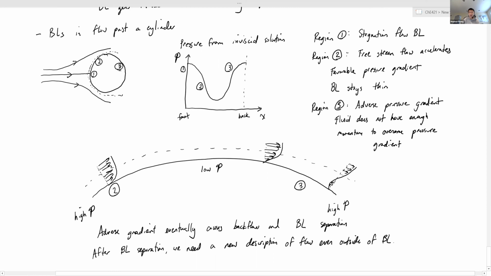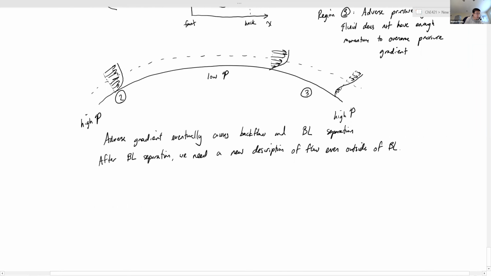And that's just because the flow back here is not what we would calculate from inviscid irrotational flow anymore. So I'll just say, for example, the pressure is actually low in the back.